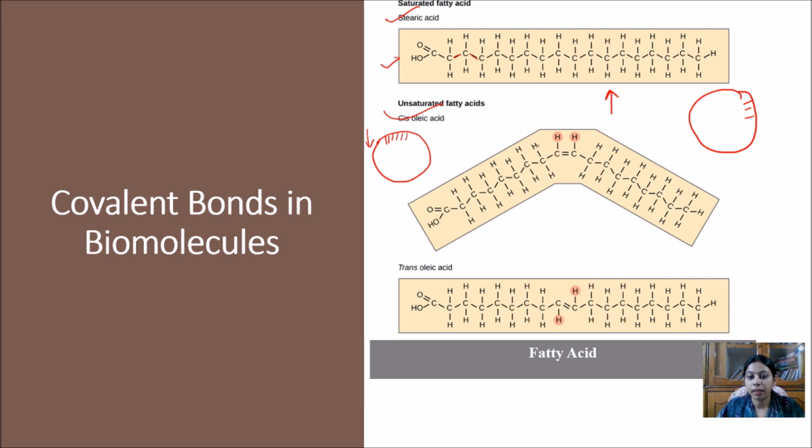To prevent that, there is an introduction of more double bonds, and because of the presence of a double bond, a kink is produced.